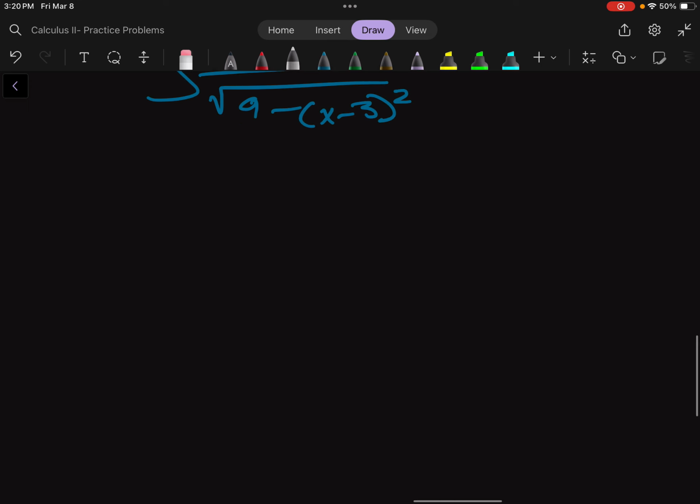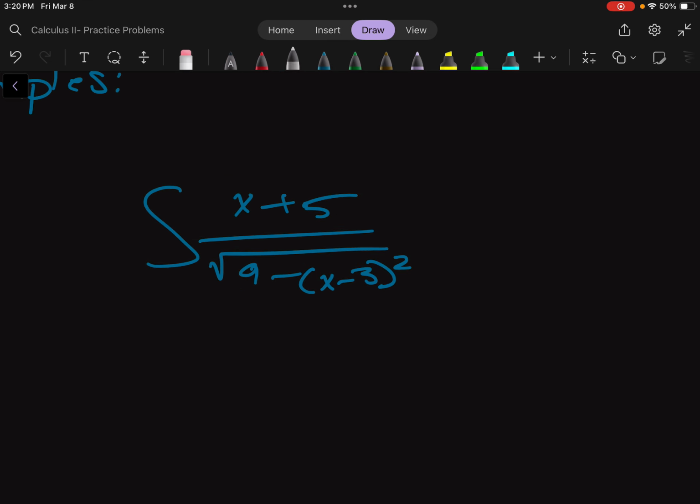Now we're going to look at this one. And this one's a bit tricky, because we're going to do the same thing as splitting that integral, but the u substitution one is going to be a bit harder.